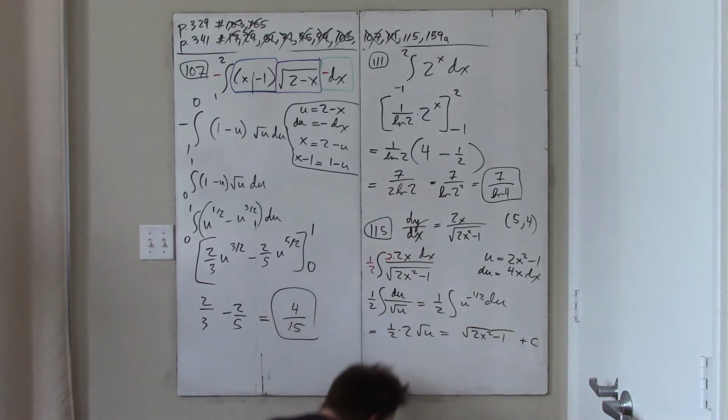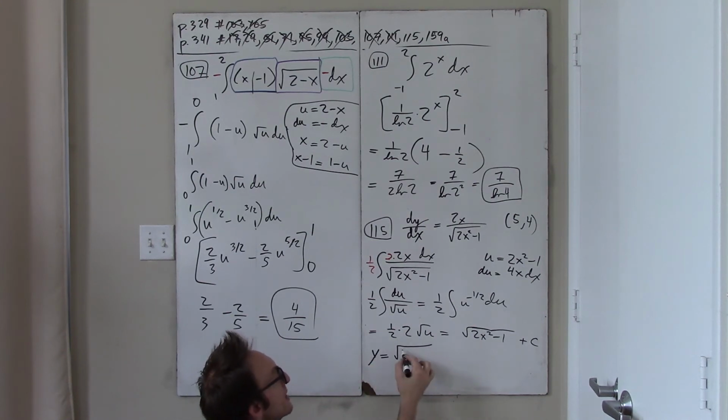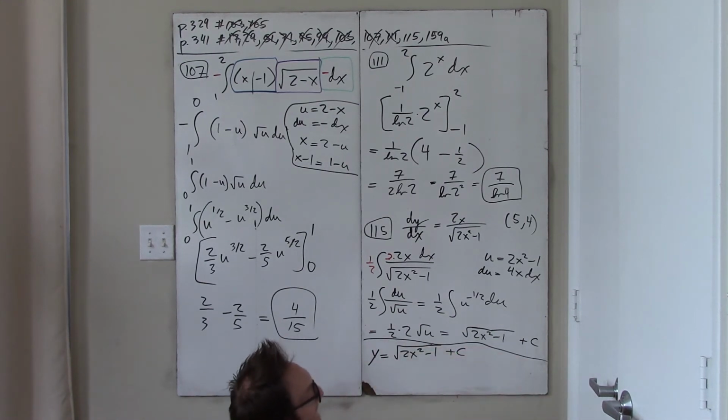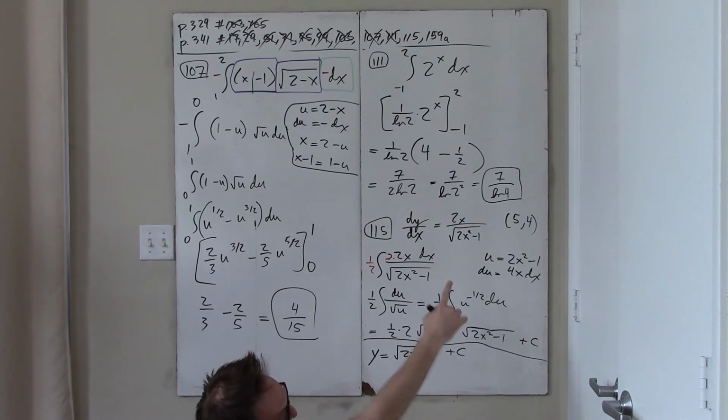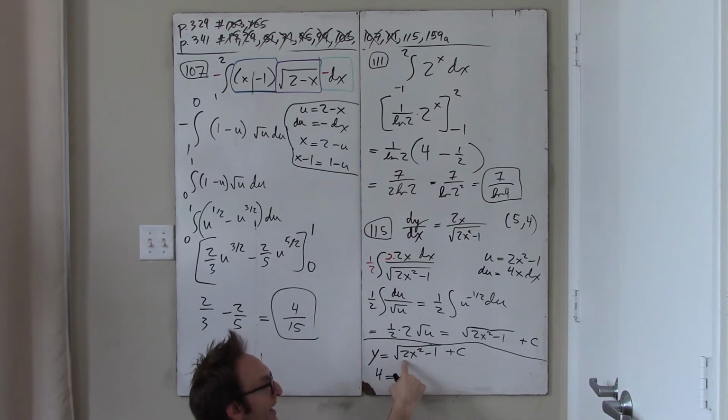Okay, and so I have some curve y equals root 2x squared minus 1 plus c, but with the additional fact that it has to go through (5, 4). So when I plug in 5 for x, I get 50 minus 1 is 49, square root of that is 7.